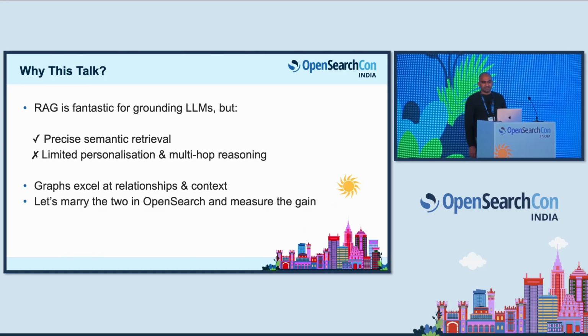As we saw in some of today's sessions related to RAG in particular, it is fantastic for grounding LLMs, particularly to reduce the hallucination effect. It is more precise for semantic retrieval, and we'll talk about what the semantic context lays out.